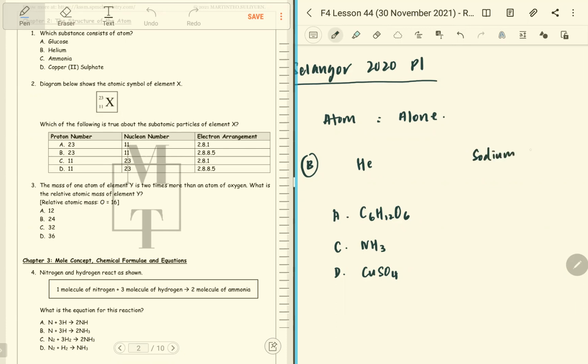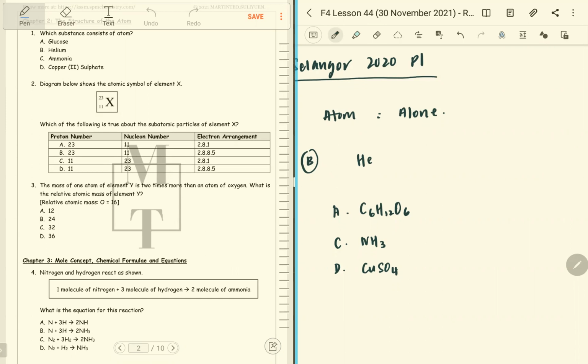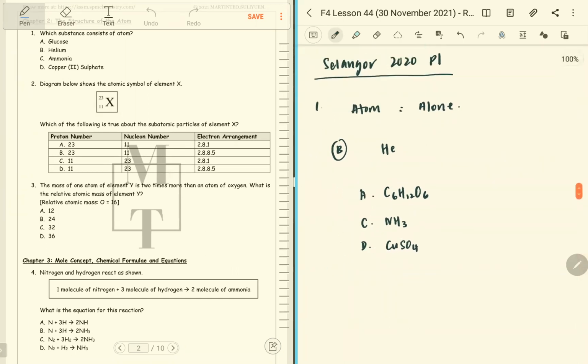But if they tell you sodium chloride, this is not an atom already, because you have 1 Na and 1 Cl. So when you want to see an atom, find the name in the periodic table. If it comes alone, exactly the name like that, it's an atom.